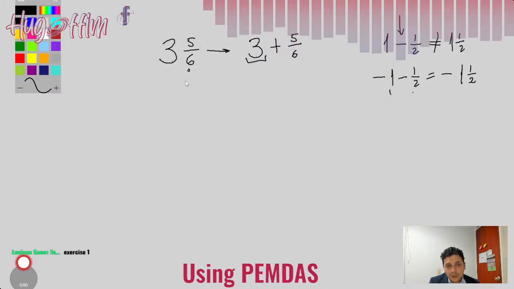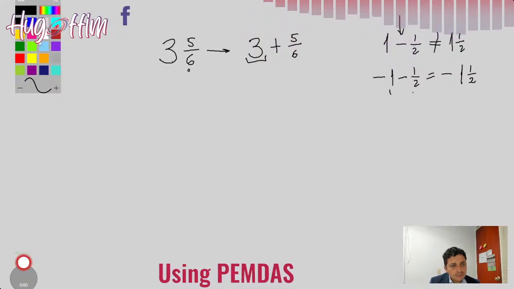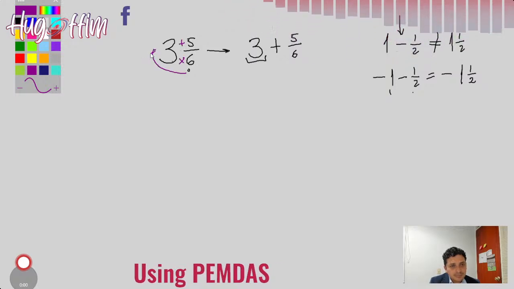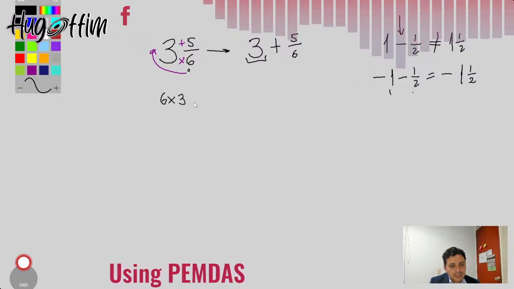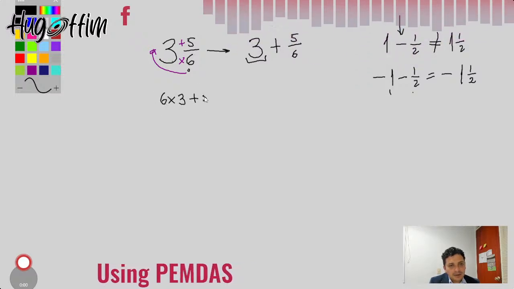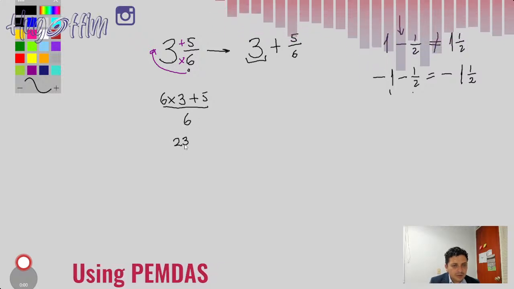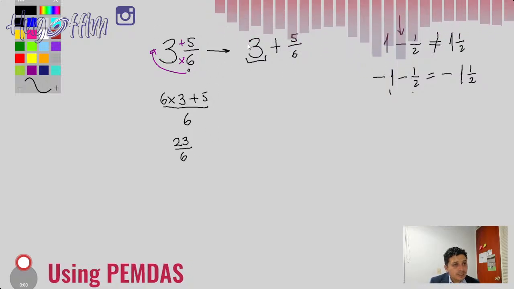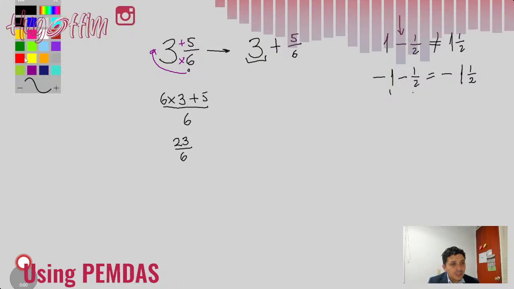So 6 times 3, 18, plus 5, over 6. So this is 23 over 6. You can see it in this way to understand why this is the operation.